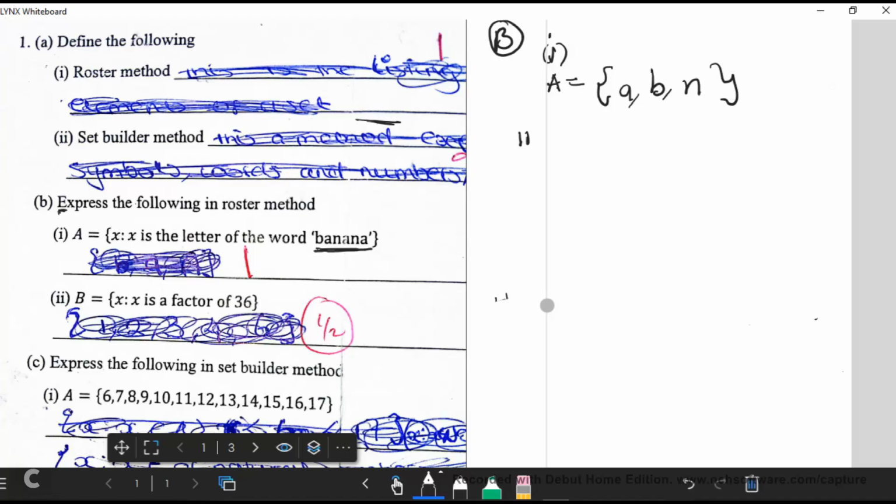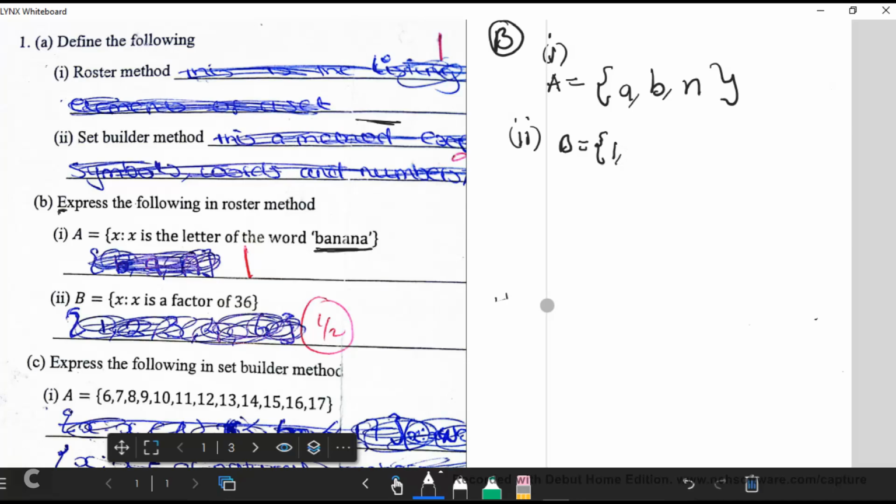What else? The second one is saying that X is a factor of 36. That's B. So B is saying X is such that it's a factor of 36. So what numbers can enter into 36?